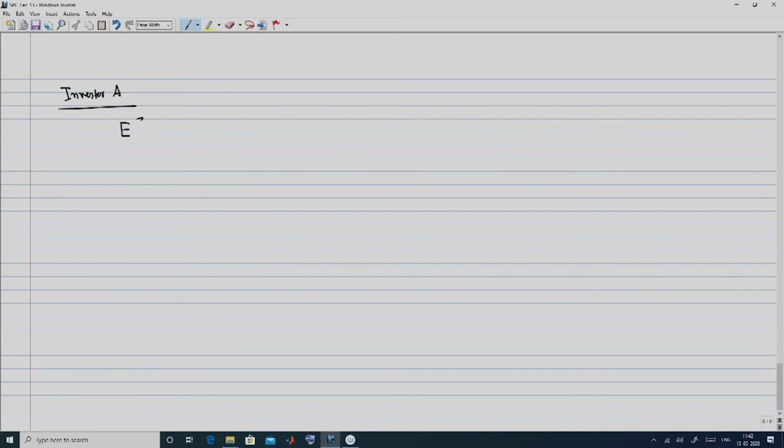So, the expected utility of investor A in case of the return of the first asset, what is this going to be? Remember that UA of R was 100 R minus 50 R square. Now, R takes the value of minus 3% and 9%. So, remember that this took minus 3% and 9% with probability half.